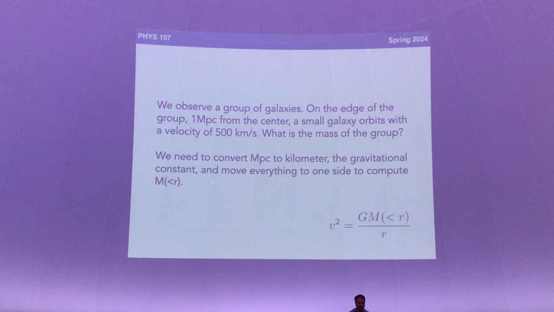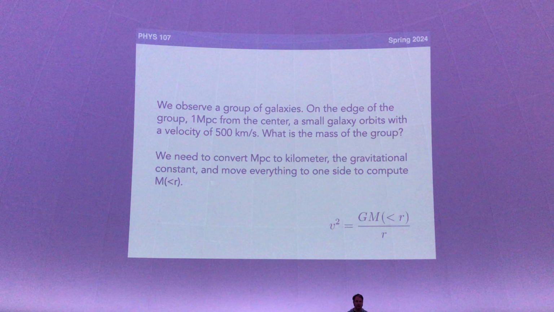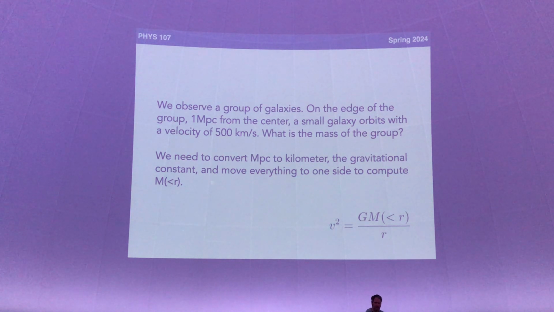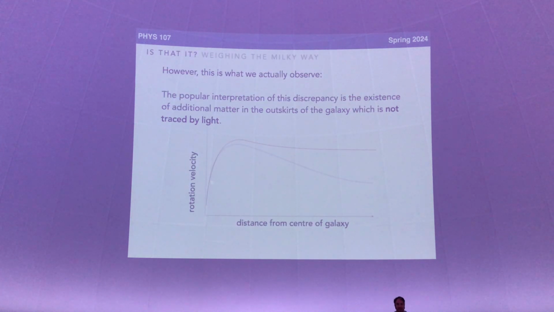And I've got the velocity as 500 kilometers per second, so I need to put 3 zeros behind it to get it in meters per second. Do you think you can calculate that? Okay, see how we get there? So that's something to try out.